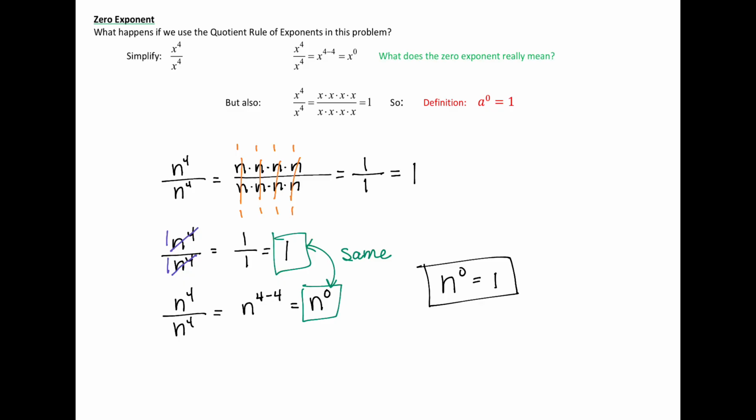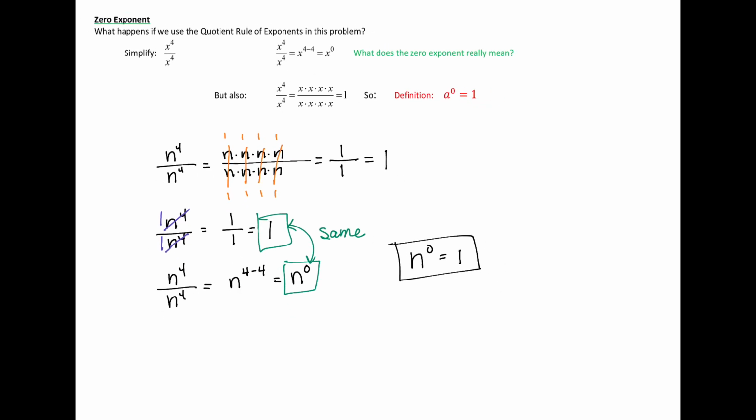Okay? Let me show you with numbers really fast. So 2 to the 4th, for example, is 2 times 2 times 2 times 2, right? And 2 times 2 is 4, times 2 is 8, times 2 is 16. All right, 2 to the 3rd. So means, hang on just a minute. Math is all about patterns. So I'm going to try to find the pattern here and then complete the pattern as I go down, and you'll see what's happening.